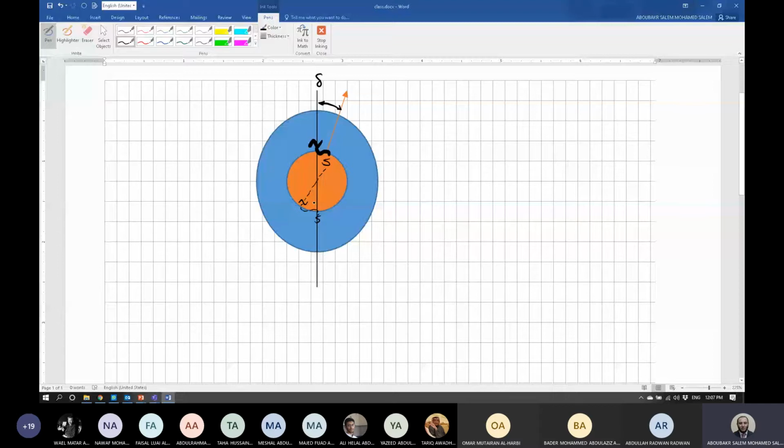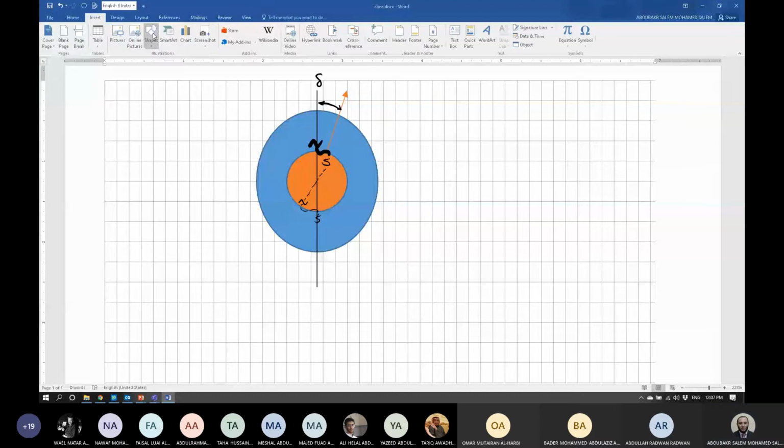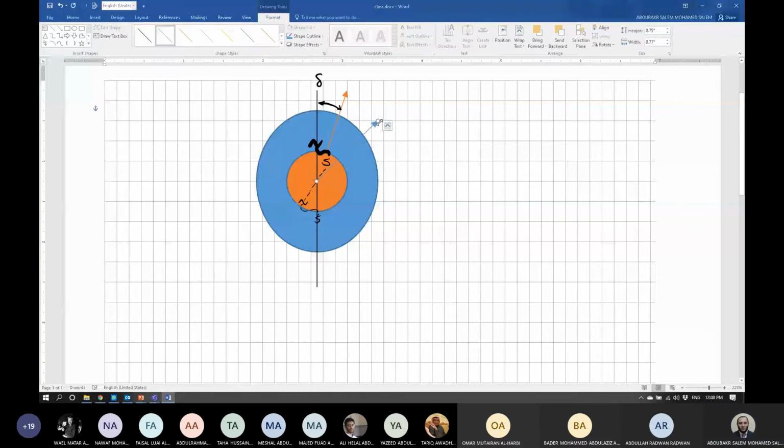If the load increased more, we will find that we have, for instance, assuming the load is at 45 degrees like that. So delta here increased to 45.